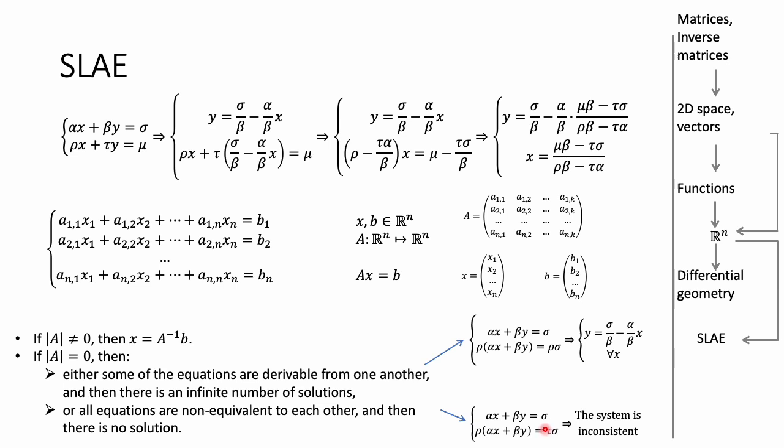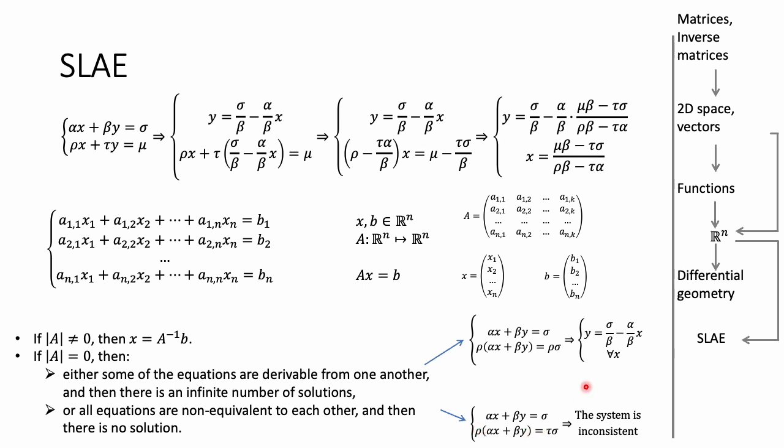But now it is equal not to rho sigma as in the first case, but to tau sigma, which is not equal to rho sigma. And then the system is inconsistent. It means that these equations cannot coexist. They would be consistent with each other in the upper case, but in the bottom case, no.